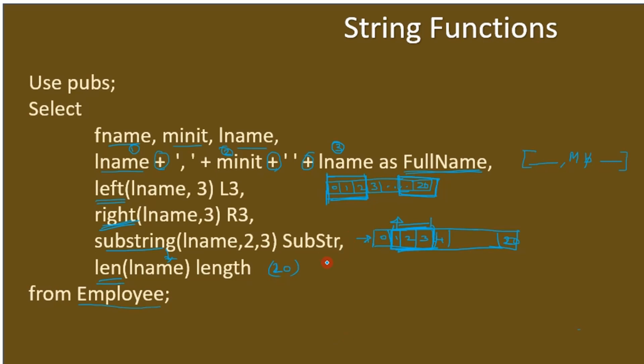The length will be useful when the data type is varchar, because that is the variable character, right? Varchar means if you say varchar of 100 and the string is only 15, then the string will occupy only 15 characters wide. So if you use length, it calculates the length properly.